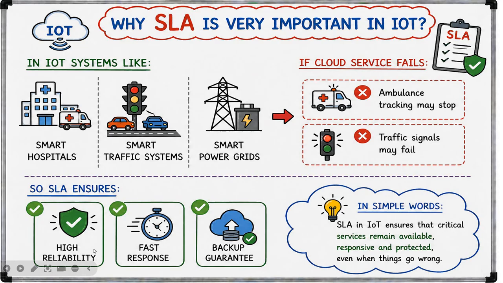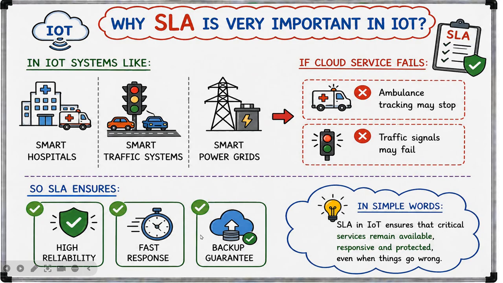Next comes fast response, where the SLA guarantees quick response time for processing data, for example an instant alert if the patient condition changes and immediate traffic signal adjustment. IoT systems often require real-time decisions, so it ensures quick actions and timely decisions.